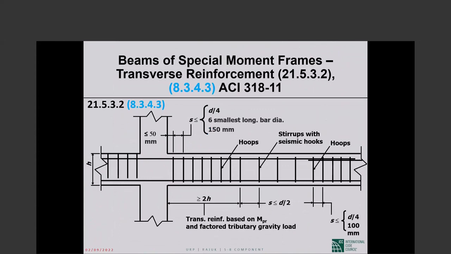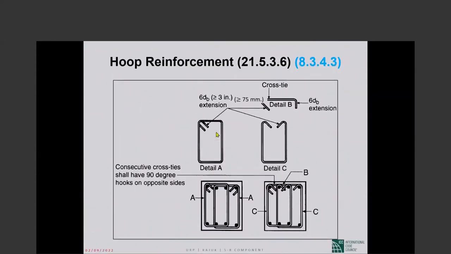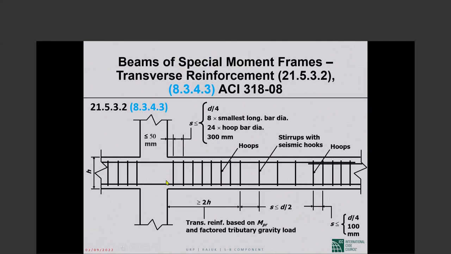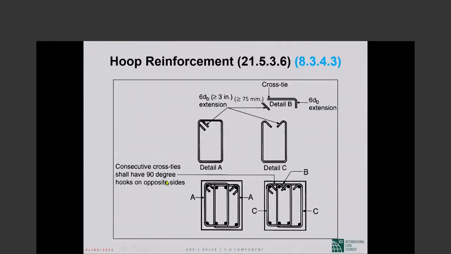Now this is the only time I brought in ACI 318-11. This spacing, which used to be the smallest of four things, remember, d over 4, 6 times the smallest longitudinal bar diameter, it used to be 24 times the tie diameter, that is gone, and the 12 inches, it was 300 millimeters. 300 millimeters is now 6 inches.